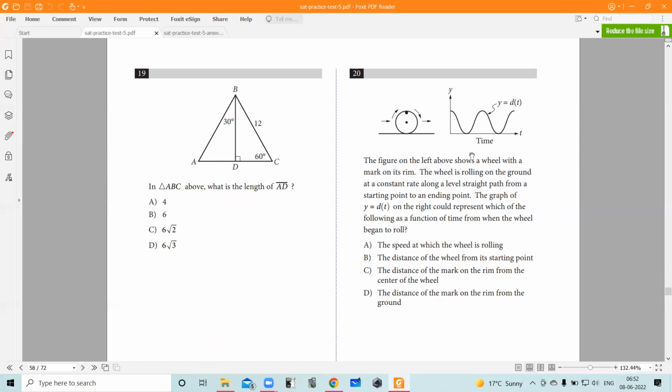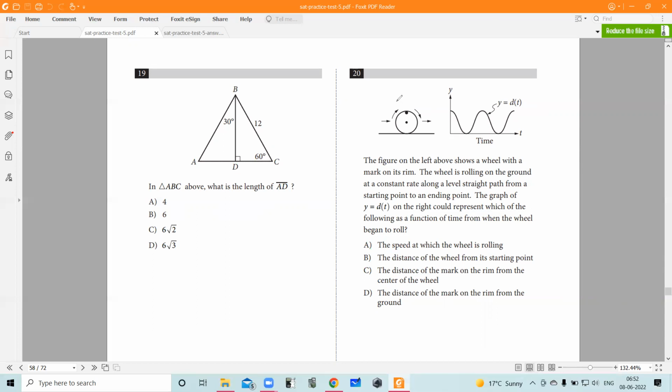The graph on the right could represent which of the following as a function of time from when the wheel began to roll. So we have to understand what this really is when the wheel is rolling. What is this y, and what is d of t?